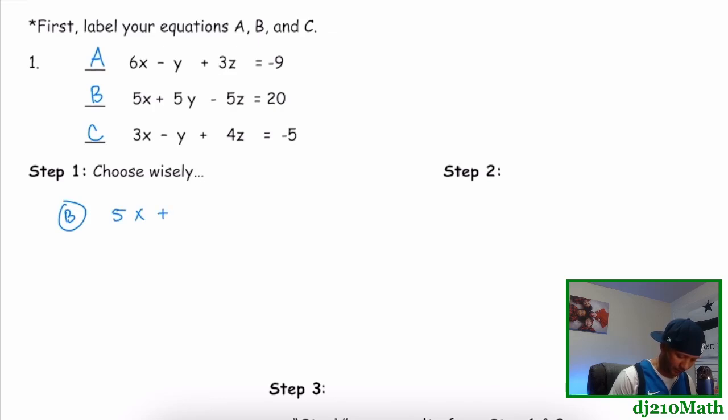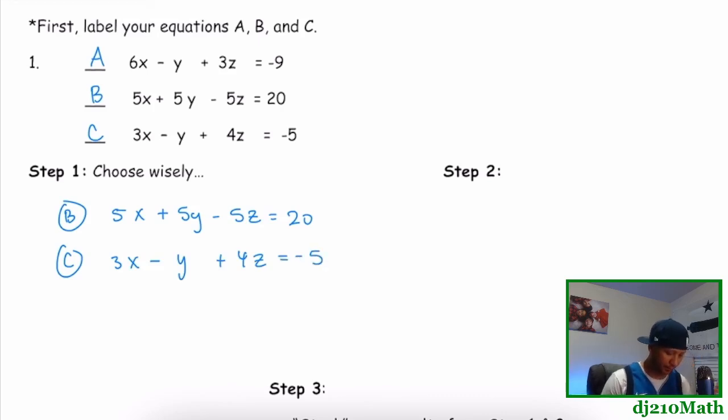B is going to be 5x plus 5y minus 5z is equal to 20. And then I'm going to do C: 3x minus y plus 4z is equal to negative 5.